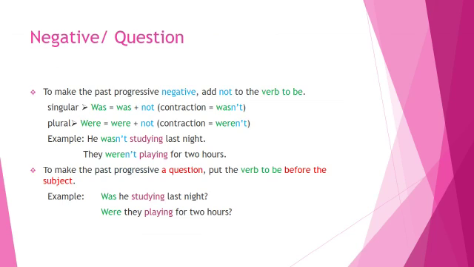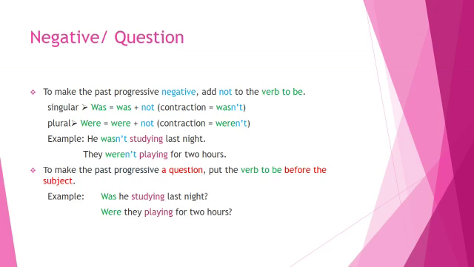Now, past progressive in negative form and in question form. To make the past progressive negative, we have to add not to the verb to be. If the subject is singular, we use was, so was plus not, the contraction is wasn't.